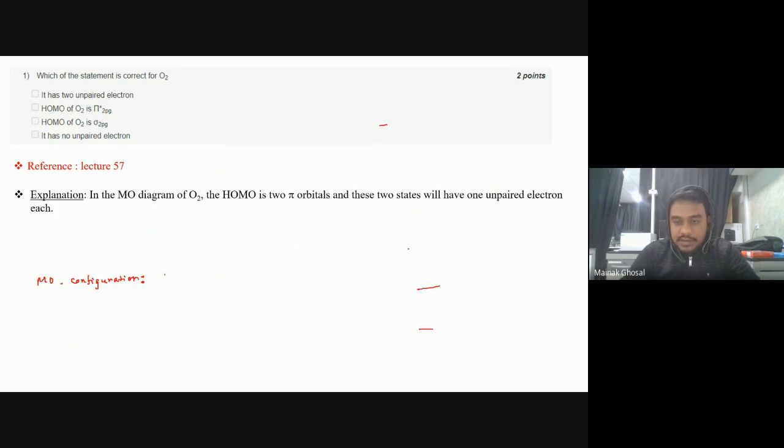This is 1s, this is 2s, this is 2p. I designate these as 1 sigma, 1 sigma star, 2 sigma, 2 sigma star, 3 sigma, 1 pi, 1 pi, 1 pi star, 1 pi star, and 3 sigma star.